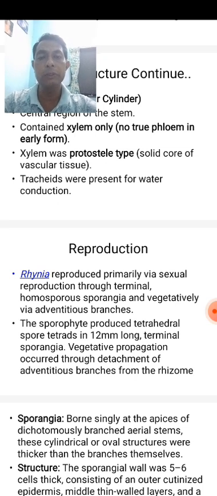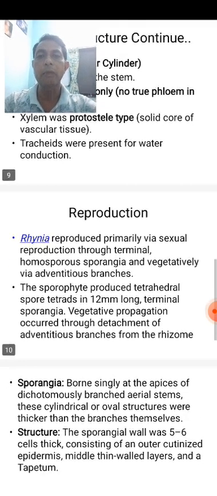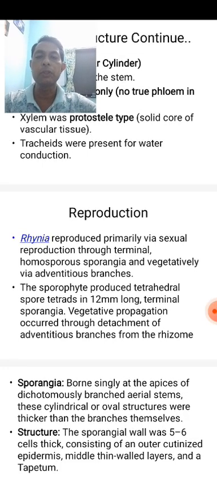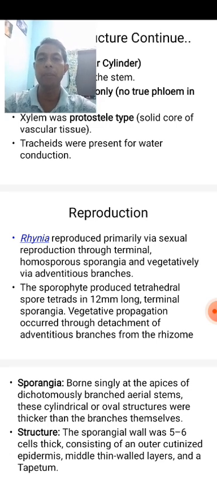So two types of reproduction are observed in Rhynia: the first is sexual reproduction, and along with this, asexual, that is vegetative, reproduction is also observed.